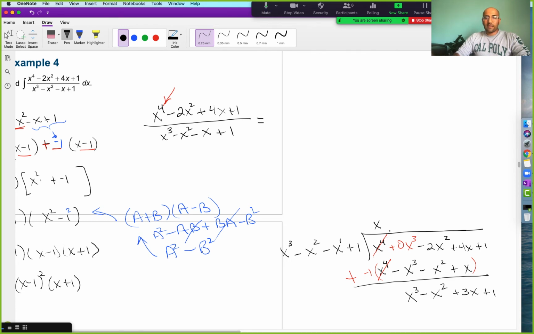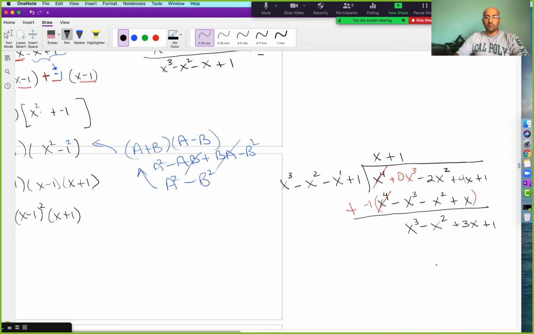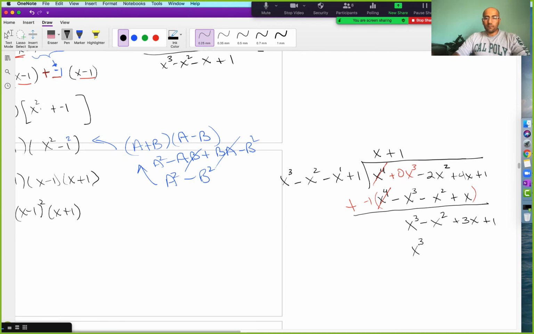Now making them identical, I need this to be plus 1. 1 times x cubed is going to give me x cubed minus x squared minus x plus 1. Okay, so distribute a negative 1 and add down, or if you just want to think about it as a subtraction, that's fine too.